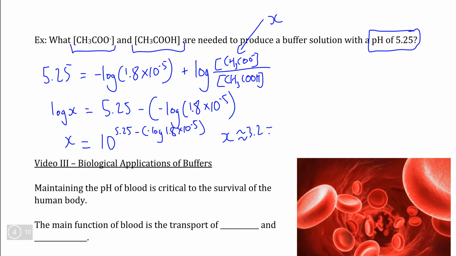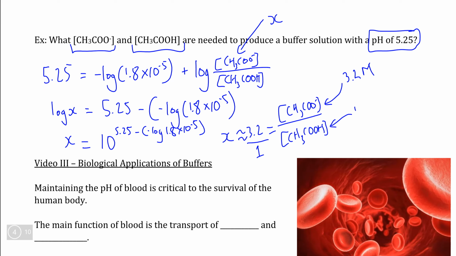Now, because x is equal to the ratio of the concentration of acetate divided by the concentration of acetic acid, we can say, remember that every whole number is just a fraction of itself divided by 1, that the concentration of acetate that is needed is approximately 3.2 moles per liter, while the concentration of acetic acid is simply 1 mole per liter, because 3.2 divided by 1 is going to be 3.2, which is the ratio we calculated using the Henderson-Hasselbach formula.